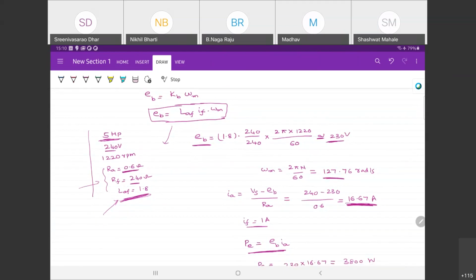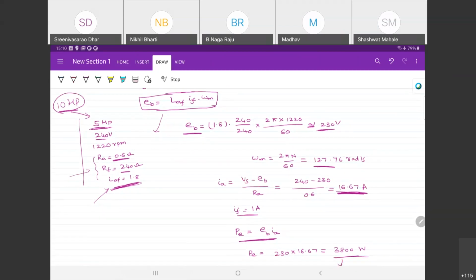So for the same thing, if you want a 10 HP motor, where will the difference come? This remains the same. Only this current will be doubled when you consider a 10 HP motor.